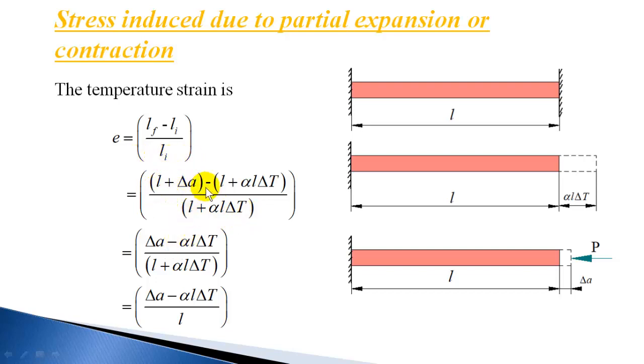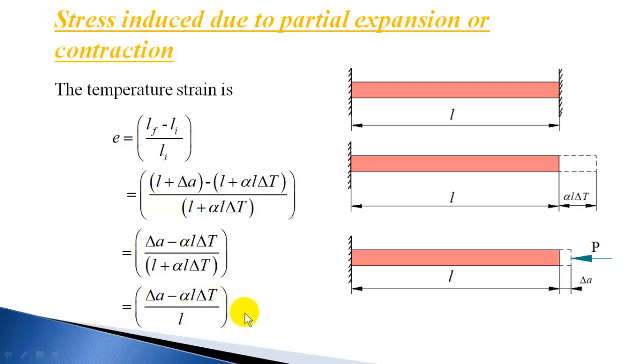Now L plus delta A minus L plus alpha L delta T, L cancels, you get delta A minus alpha L delta T divided by L plus alpha L delta T. So again in the denominator you may neglect this alpha L delta T and you will get delta A minus alpha L delta T divided by L as the temperature strain.